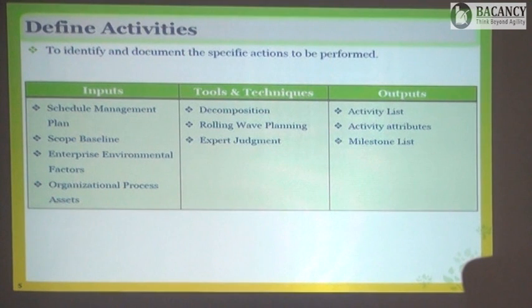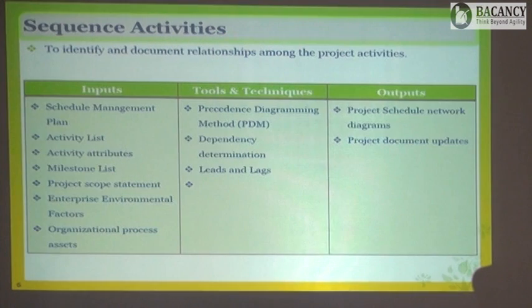Clear, sir? Once we have defined the activities, now we need to sequence the activities. And sequencing is what? We talked about the sequencing here. We'll link the activities. So what we need for this is, after we sequence the activities, we are going to get our project schedule network diagram.